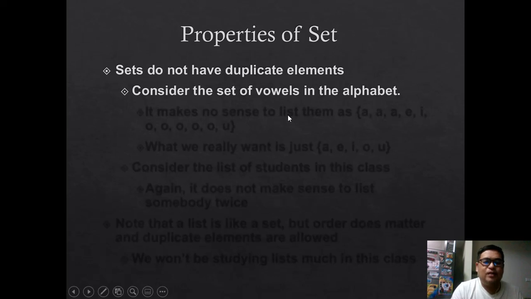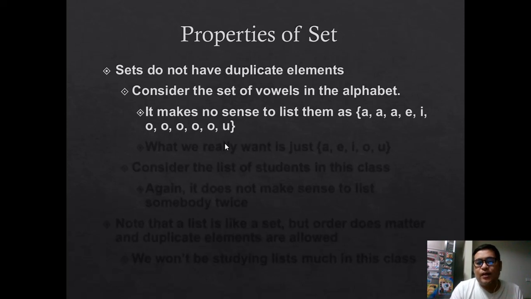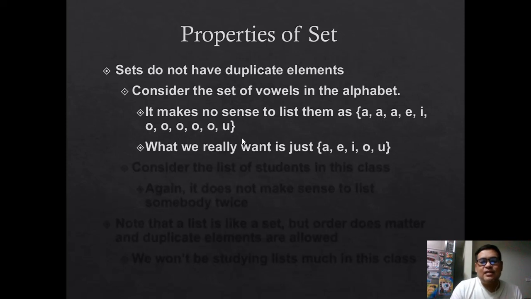It makes no sense to list them, say, A, E, I, O, and U repeatedly. What we really want is just A, E, I, O, U. So we do not duplicate elements.